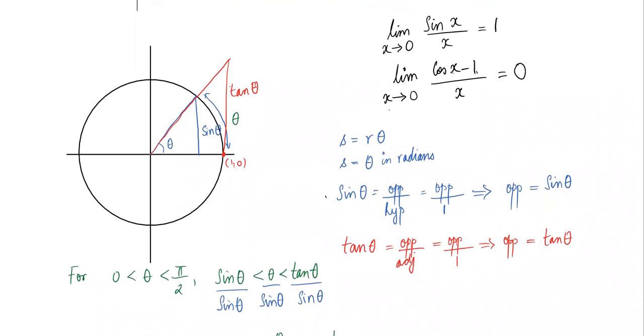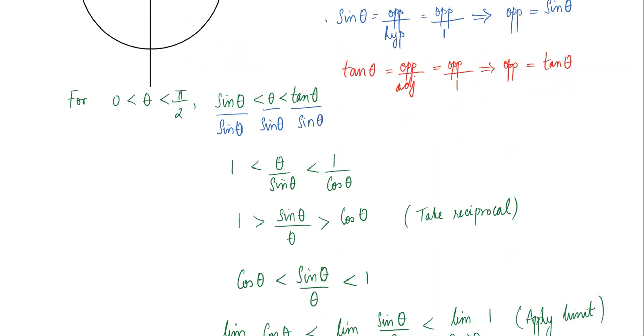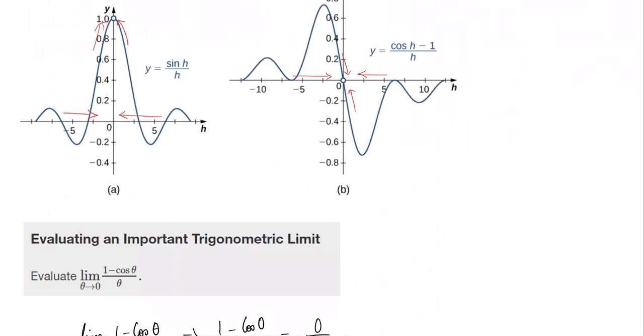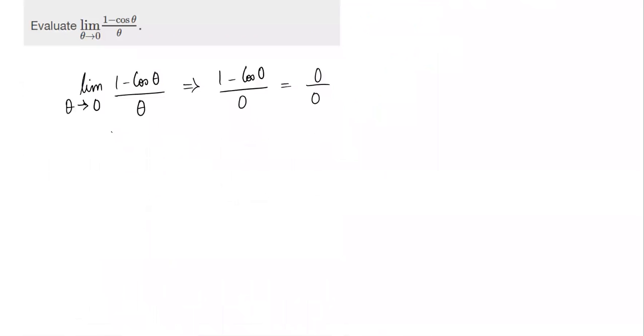So the limit of cosine x minus 1 over x equals 0. So we can approach this in one of two ways to answer this problem. We already have the rule, limit of cosine theta minus 1 over theta as theta approaches 0 is 0. We got this already, right?